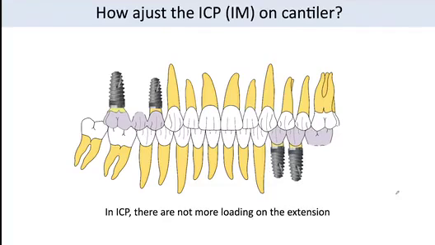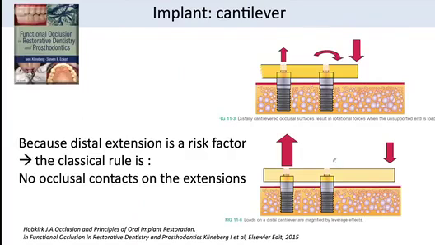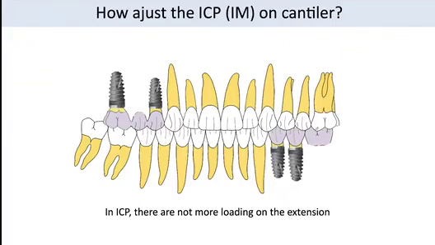But if you adjust to participate in simultaneous contact here, what is the risk? The risk when the patient closes in ICP, there are not a lot of forces, because the force is distributed on all the teeth.